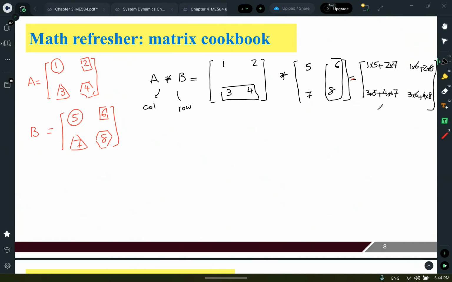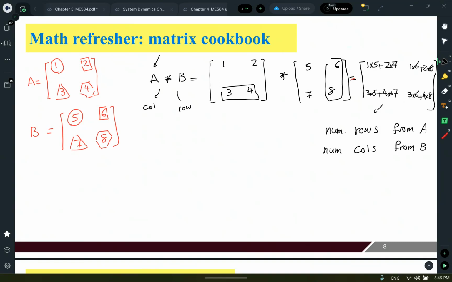Also, the dimensions of the resultant matrix are going to be borrowed from the first and the second matrix. The number of rows of the resultant matrix comes from the number of rows of A, and the number of columns comes from the second matrix.